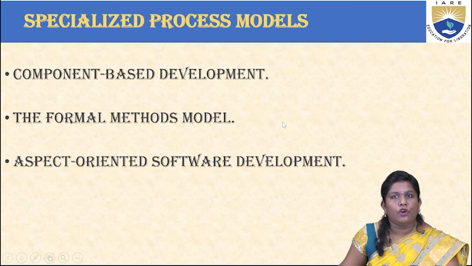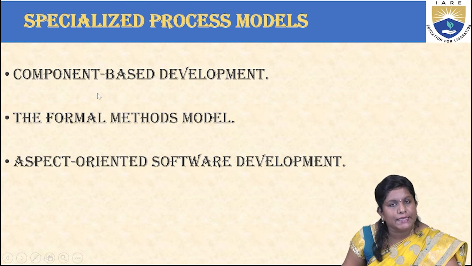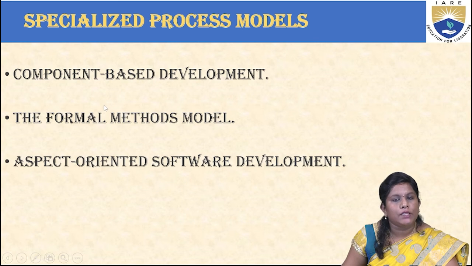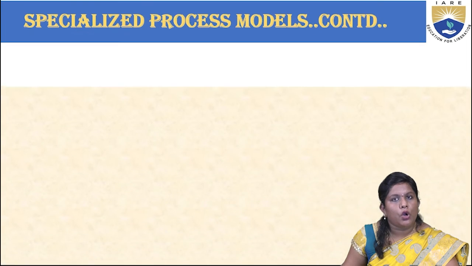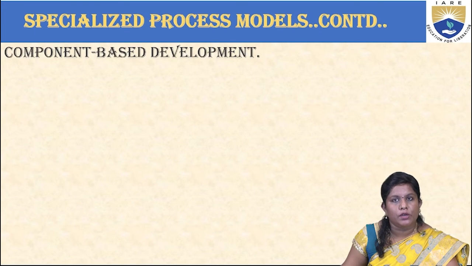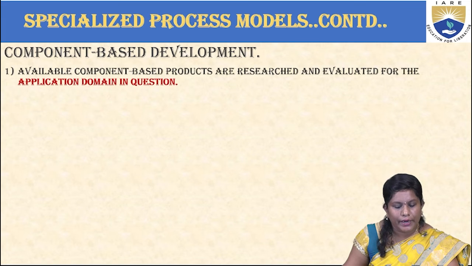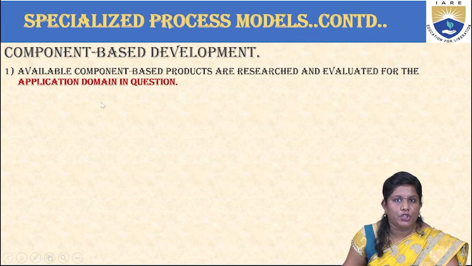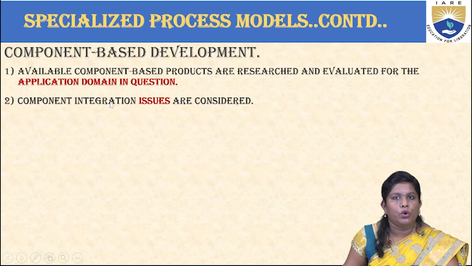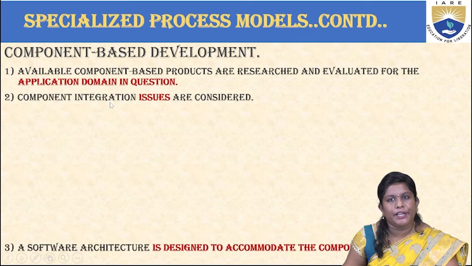And coming to the end of our discussion, we have specialized process models, which are divided into component-based, formal methods, and aspect-oriented software development. So what are specialized process models? Within that we have component-based development, right? So here, the first thing you have to know is what the application is. What are the issues relating to it?